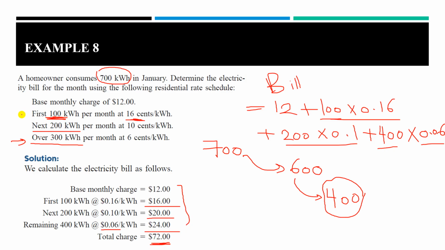So here you will find first 100, then next 200, so this total is 300. If your consumption is below 300, we use these formulas. If you are beyond 300, then any kilowatt hour remaining greater than 300 will be charged at 6 cents, as we did here.